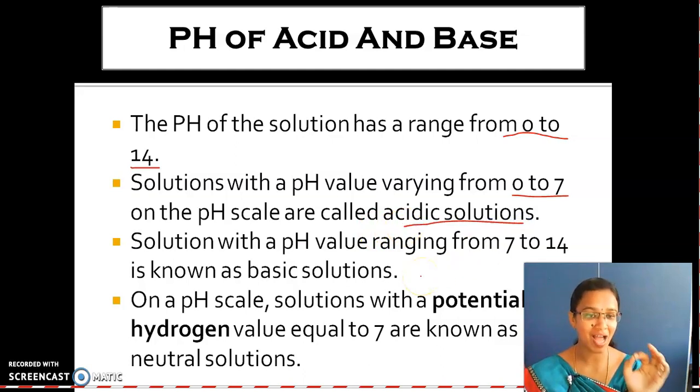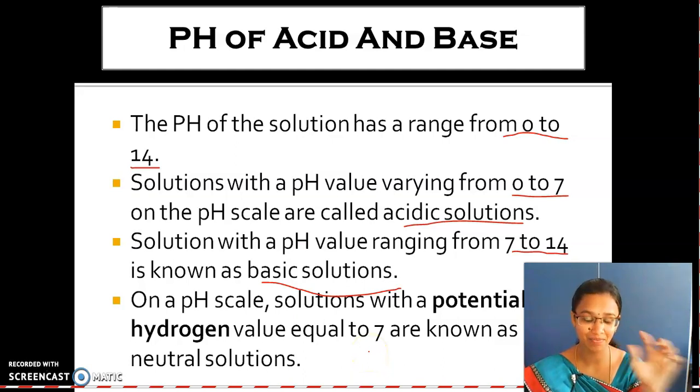If the pH value is from 7 to 14, it is called basic. If on the pH scale the solution has a value equal to exactly 7, it is called neutral.